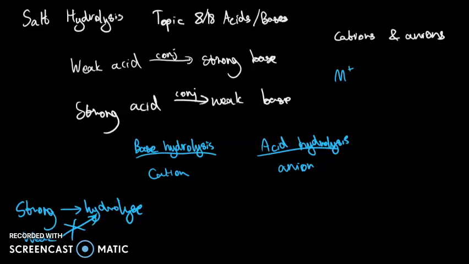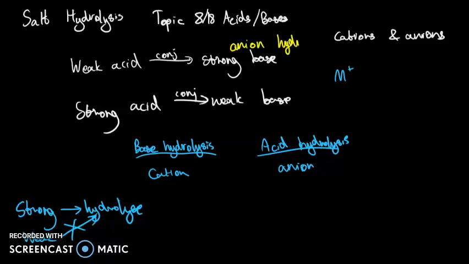So that's how you need to recognize the strength of acids and bases. With that logic, if we have a weak acid, and we know that the conjugate is a strong base, well, that strong base has to be an anion, right? Because this is what we form from an acid. We get an anion. So that strong base must be able to hydrolyze quite well. So there would be anion hydrolysis here.